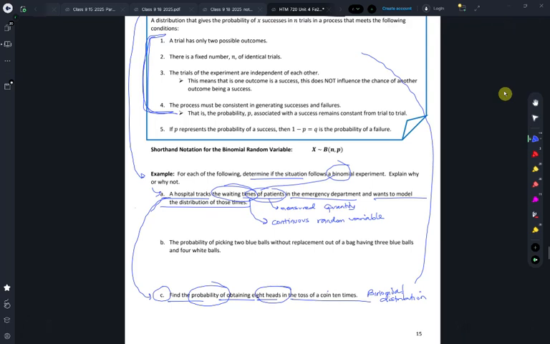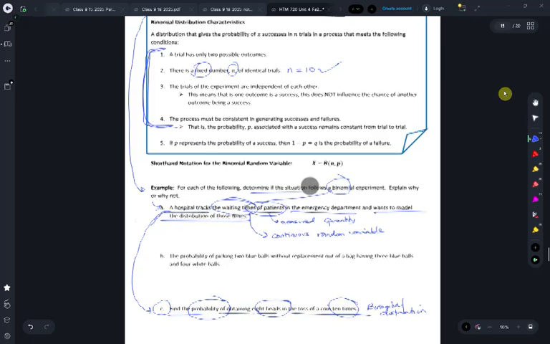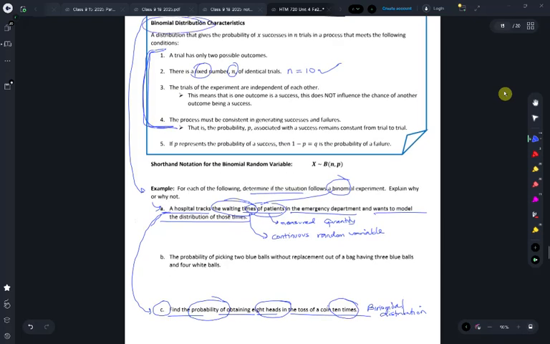Was it carried out a particular definite number of times? Yes, that is 10 times. So your n in this case, the fixed number of trials, keyword fixed or definite finite number of trials, n is equal to 10. So it meets the first criterion for a scenario that can be described by a binomial distribution.